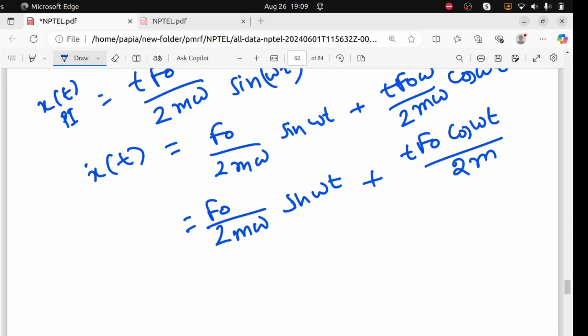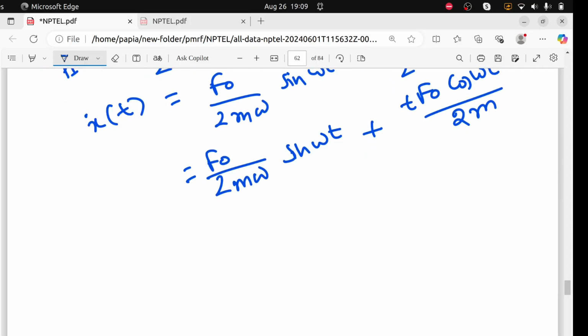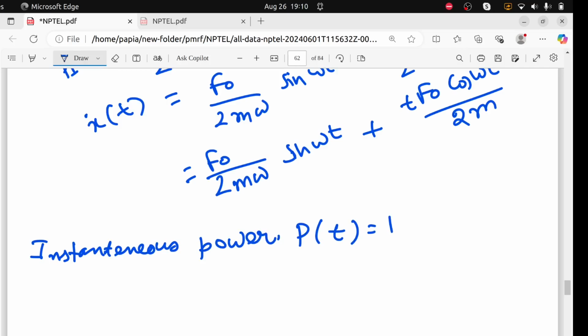If I can write it like that, then I can also have the instantaneous power as P of t, which is f of t times v of t.